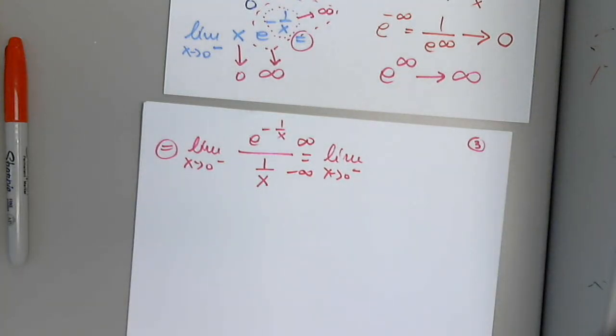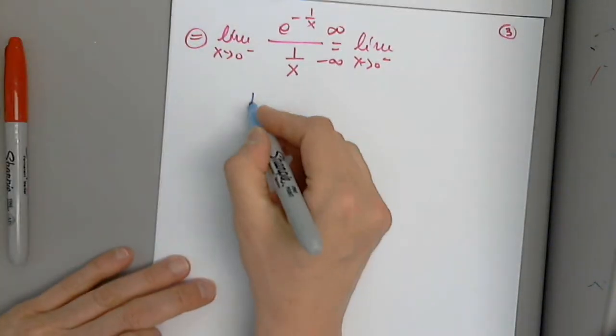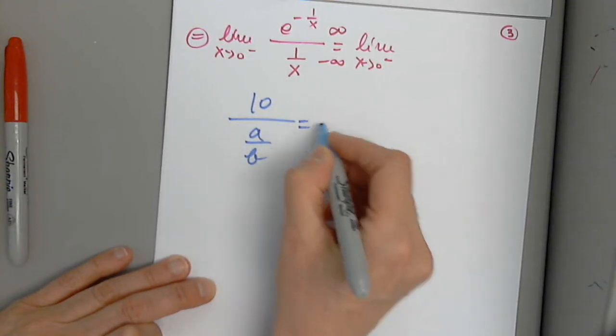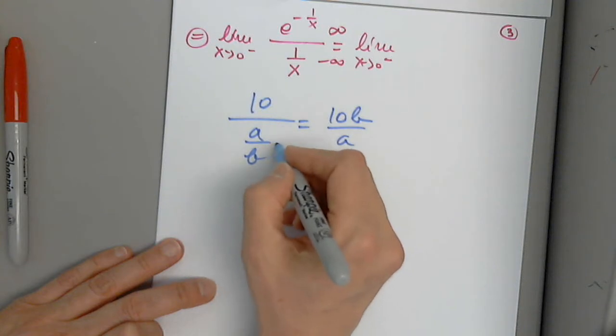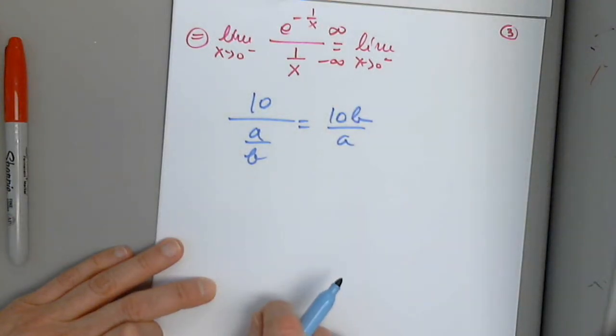I was confused on how you changed x e to the negative 1 over x into e to the negative 1 over x over 1 over x. Yes. When I divide by a fraction, I have to flip the fraction to multiply; I multiply by the multiplicative inverse of the fraction. If I divide 10 by a over b, I have to write 10b over a. So if this is 1 over x, then I have to write x over 1.